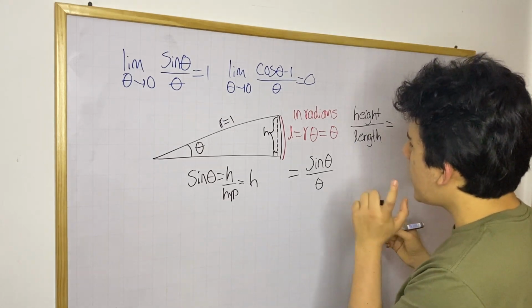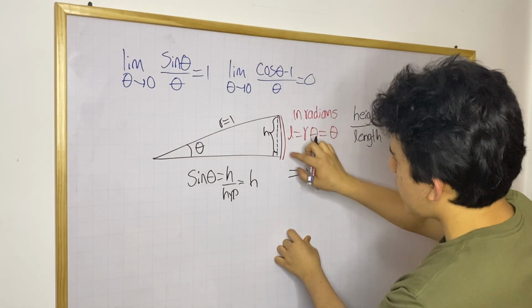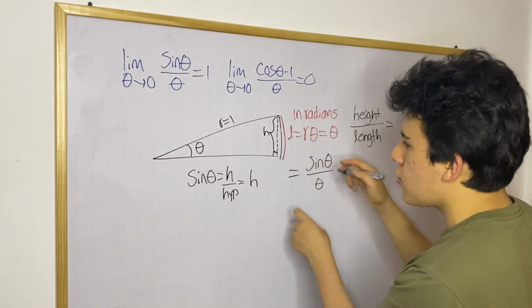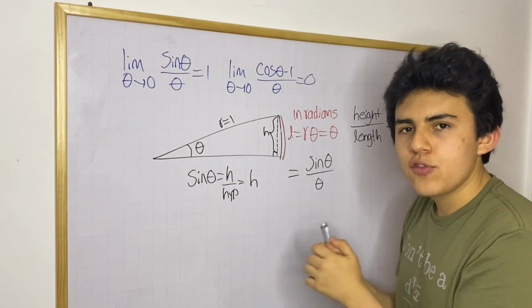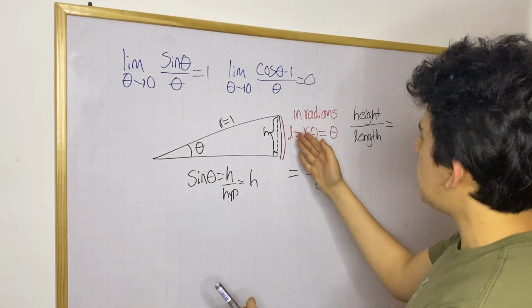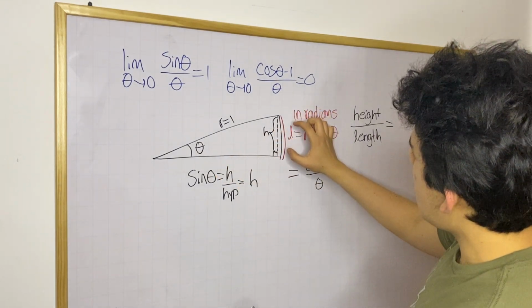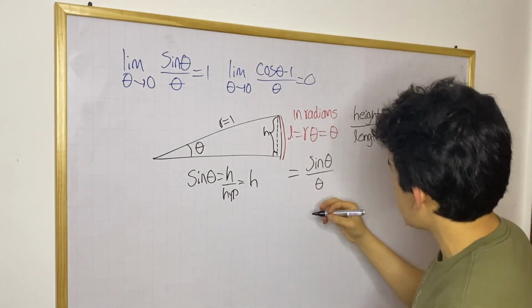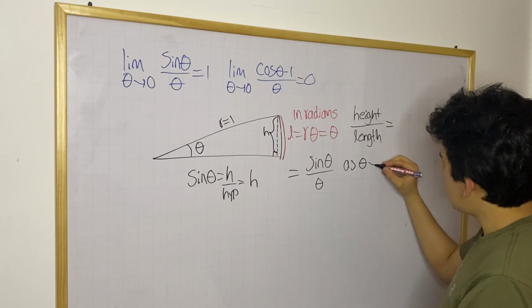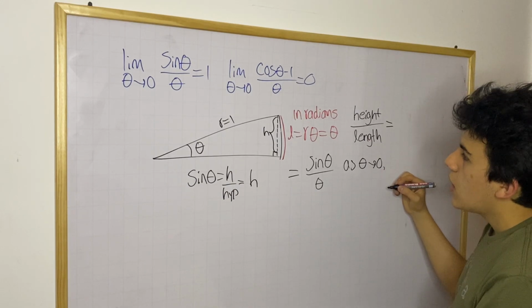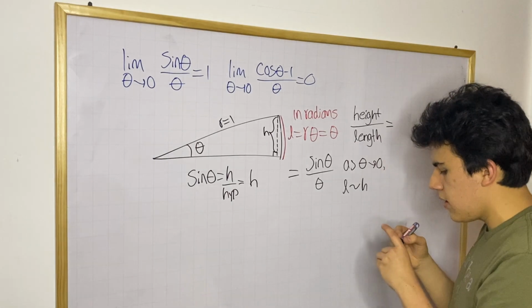Now, I want to ask you what happens with L, the length of the sector, and the height of the triangle. What happens with those two as theta becomes smaller? So try to visualize that. I think it is simple to see that as theta becomes smaller, so it approaches 0, the length of the arc will be almost the height, okay?